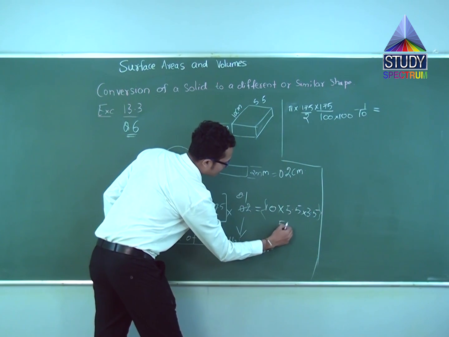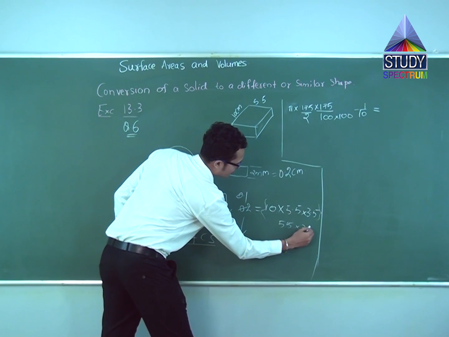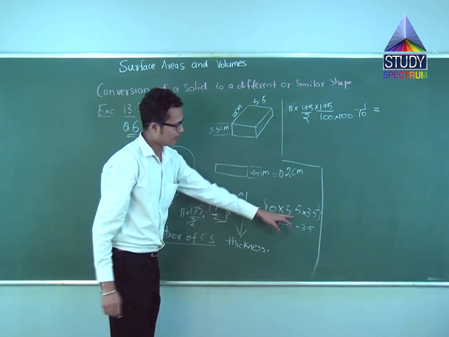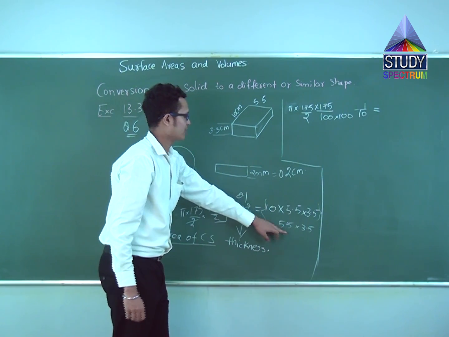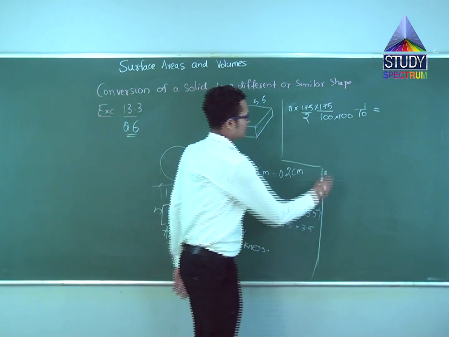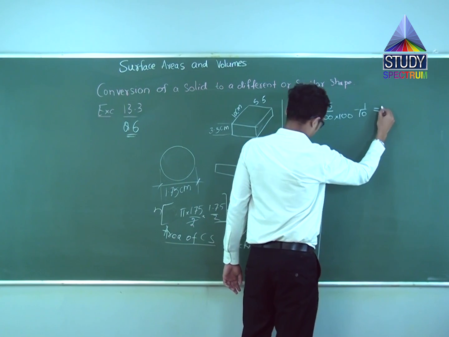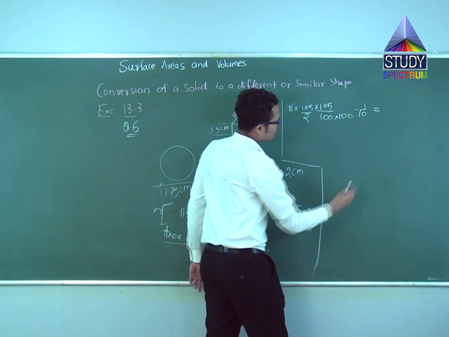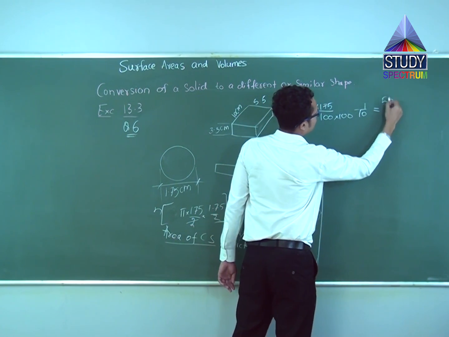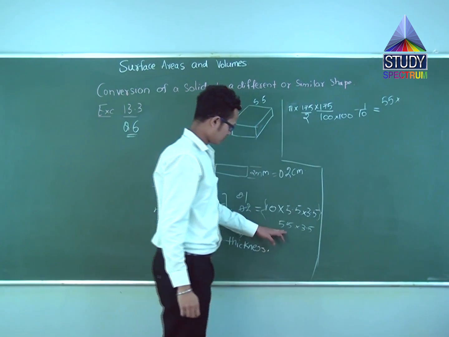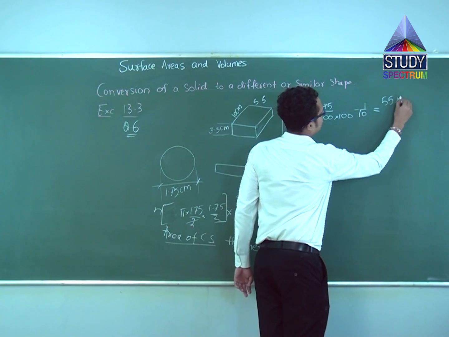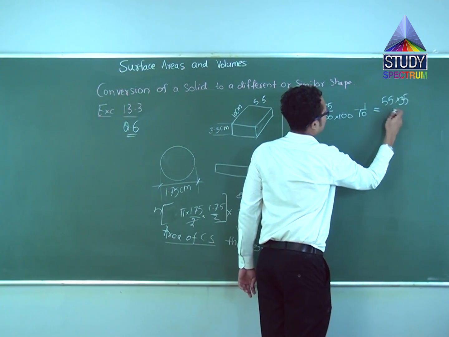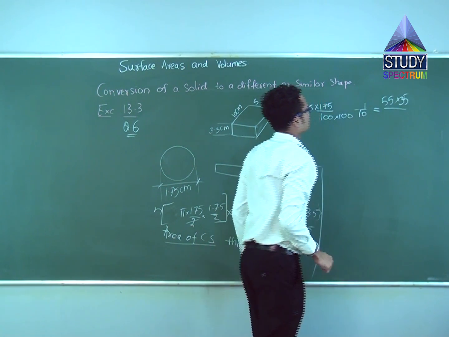This whole term is equal to the product of these terms. Isn't it 5.5 multiplied by 3.5? When you multiply with 5.5, you will have 55, and this is 3.5. This is equal to 55 into 3.5 by 10. Am I right? Isn't it 35 by 10?